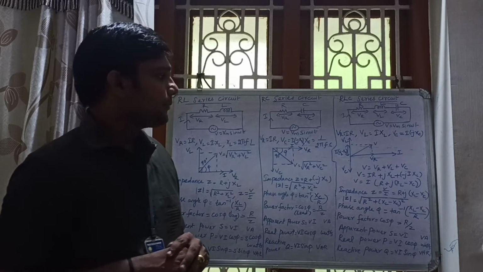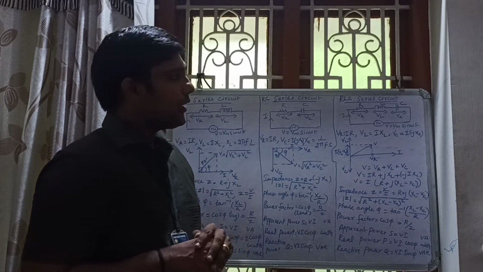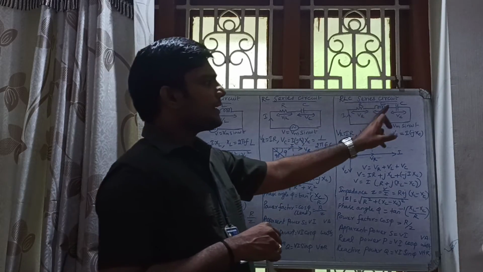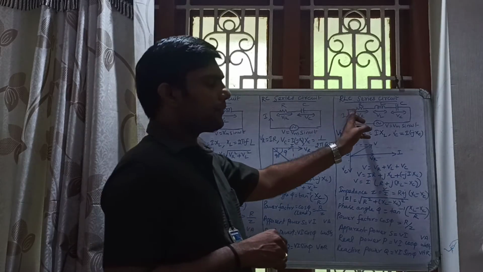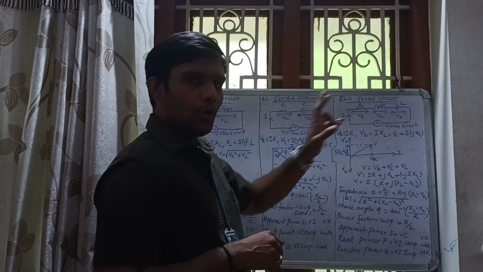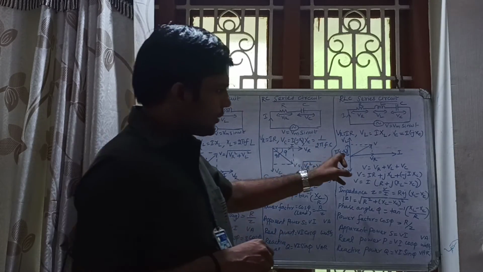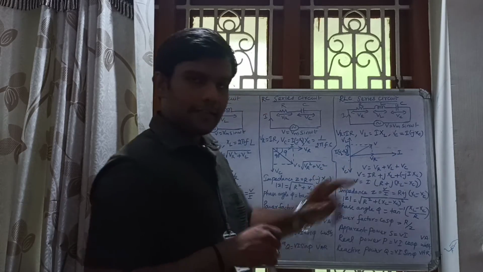Then let us draw the phasor diagram. So in the circuit, the resistor, inductor and capacitor are available. For the resistive circuit, voltage and current both are in phase. So voltage VR and current both are in phase.